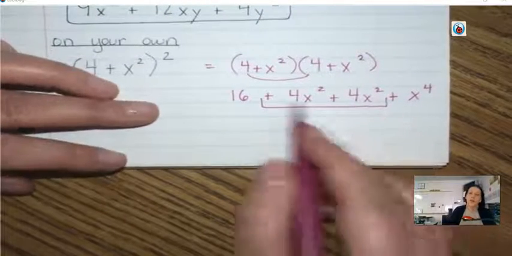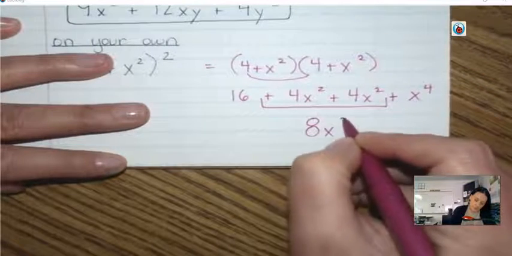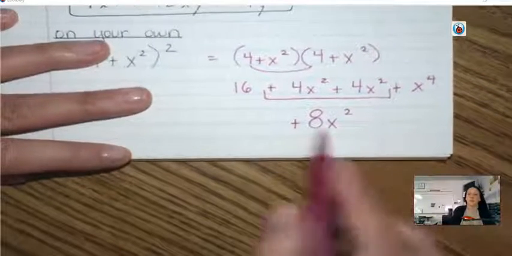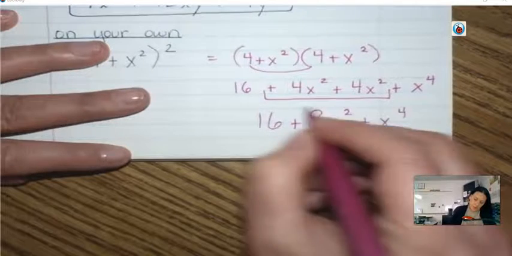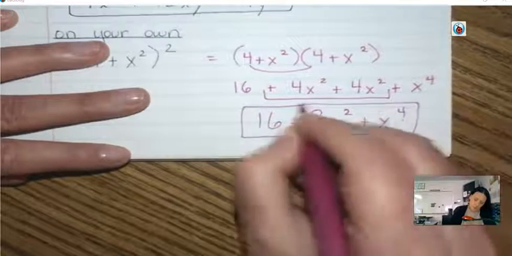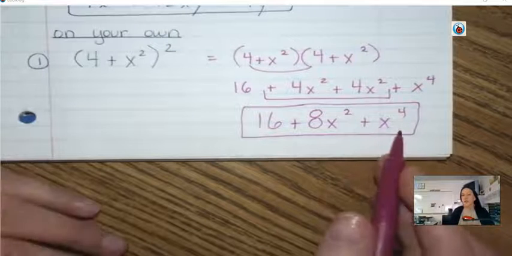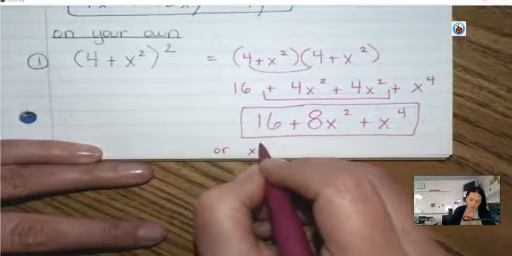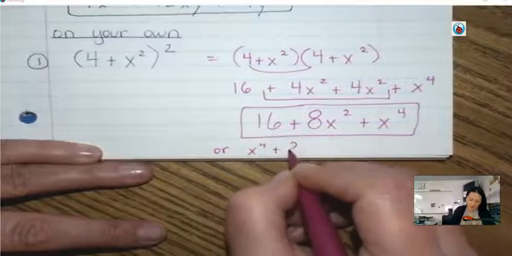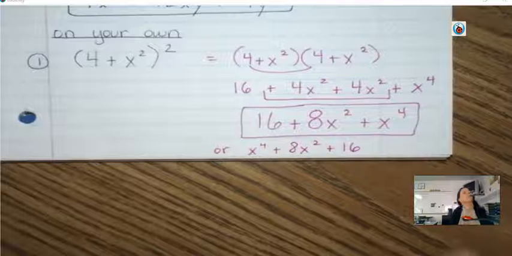For just the x squareds, I now have 8 of those x squareds. And it's a positive 8. I still have 16, and I have an x to the 4th. If you prefer to write it in standard form, or if the directions say it, you would put that x to the 4th first, then the x squared, and finally the constant would go at the end.